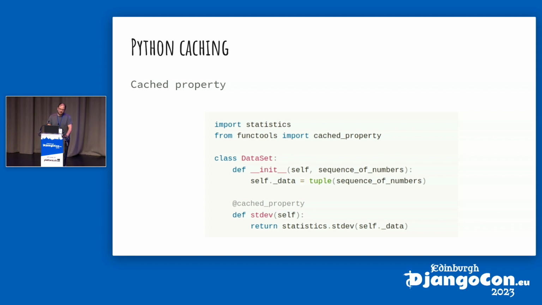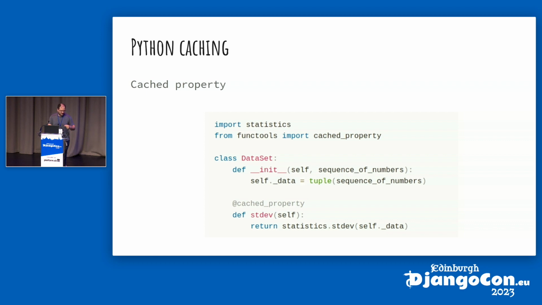Still in the Python library, we have cached property. It's almost the same thing that the cache decorator does, but it does it for properties. So you have a class with a property. Every time you call this property, it will be processed again.